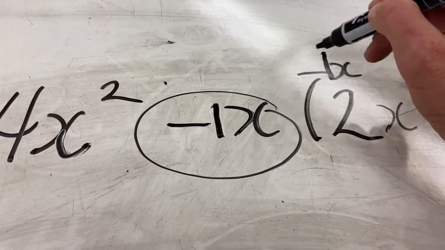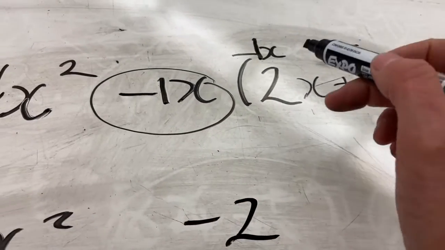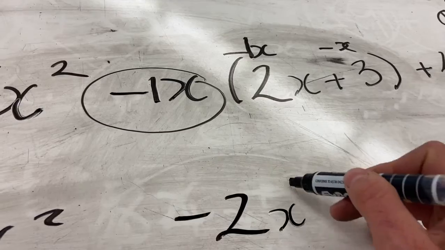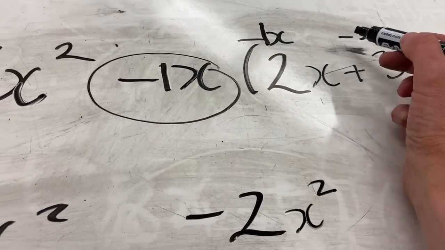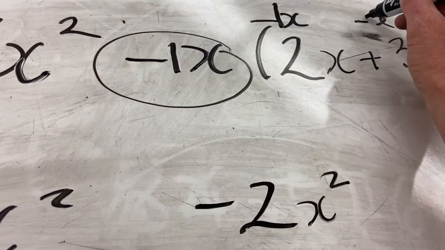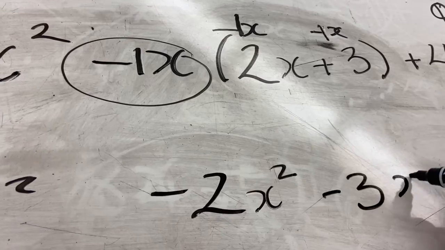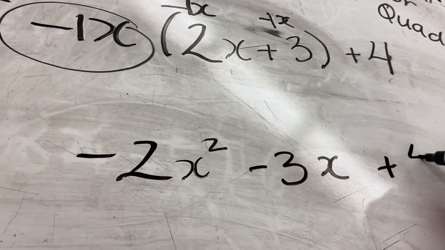So that means I have minus 1 times 2 gives me minus 2. And x times x gives me x squared. And here I have minus 1. There's a 1 right here. You can't see my 1. Minus 1 times 3, which is minus 3. And then I've got that x. And over here I've got plus 4.